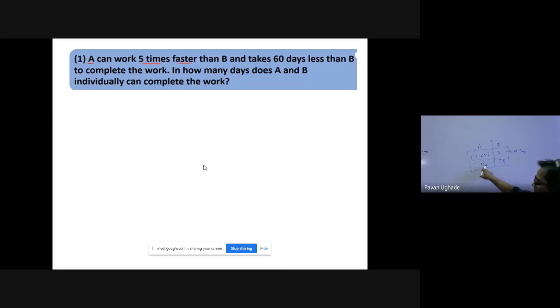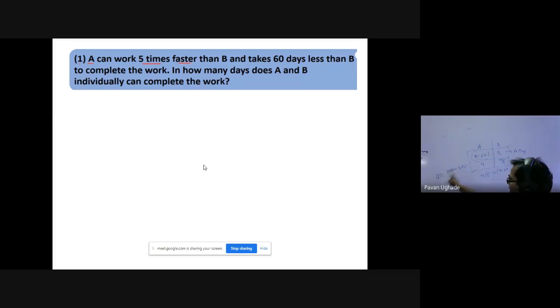If I multiply by 5, this is the same thing, right? Now I can write here n by 5 equals what is the time taken by A, it is n minus 60. Is this part visible? Now if I multiply the whole thing by 5, what will we get? n equals 5n minus 5 into 60, that is 300.